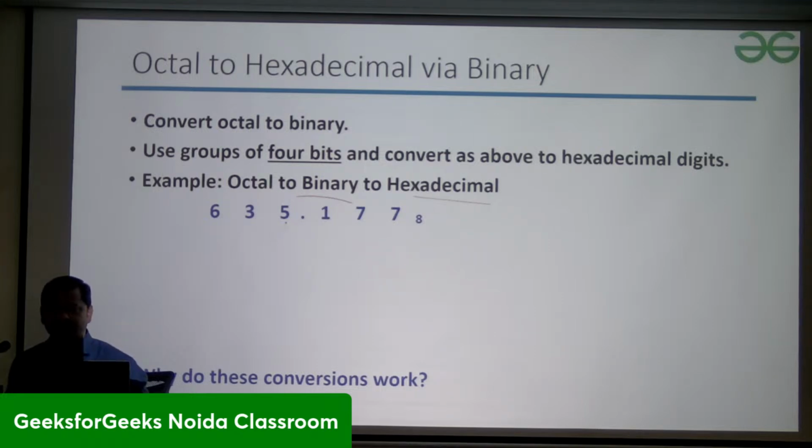So 5 can be directly represented as 101, 3 as 011, 6 as 110, 1 as 001, 7 as 111, and this 7 is again represented as 111. It doesn't matter whether it is before or after the fractional point, you have to follow the same process. So it is simply converted into binary. Place the dot at the corresponding position.